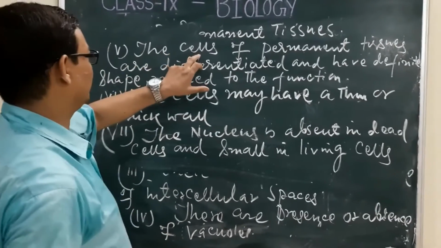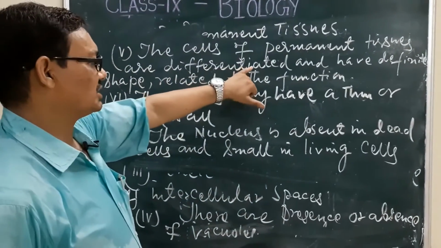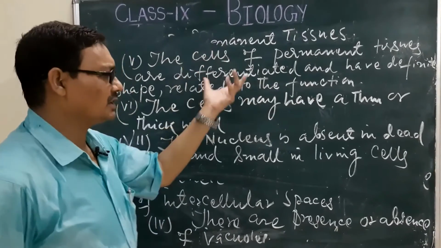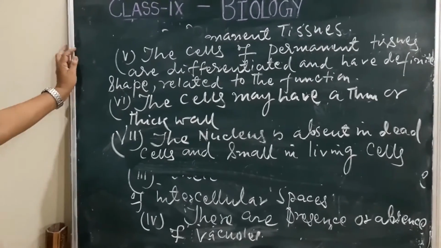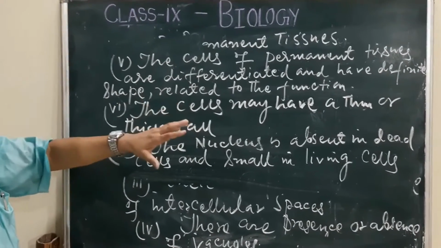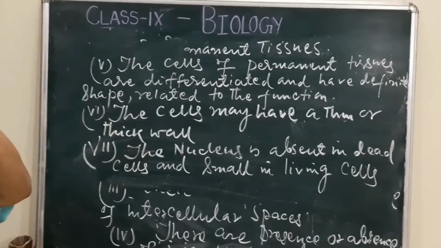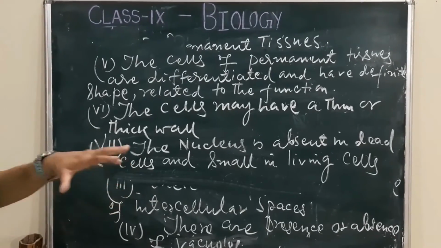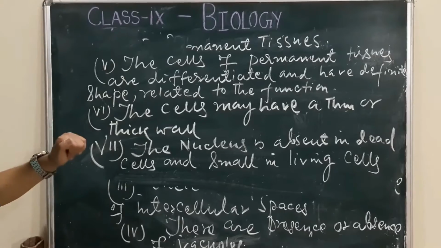Number five, the cells of permanent tissues are differentiated and have a definite shape related to the function. I have already told you that it is derived from the meristematic tissue, and how it differentiates: when the tissue loses the ability of division and gets a permanent shape, size, and performs a permanent job, that means it is the permanent tissue.